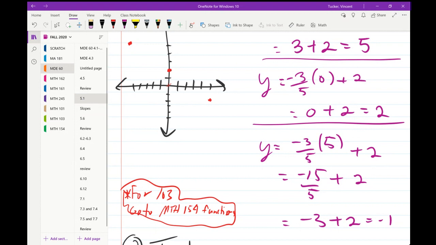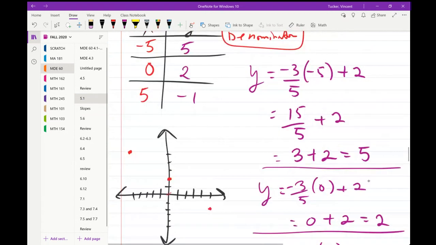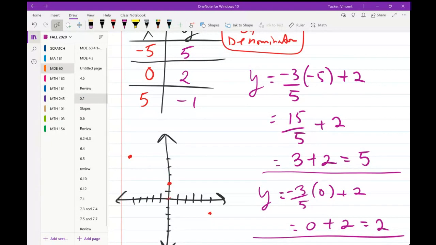All right, so graphing those 3 points, we have negative 5, 5. So I go to my origin, go to the left 5, up 5, which is right here. 0, 2, nowhere for x, but up 2. Then to the right 5, down 1. Leave that bad, then just a little further down.